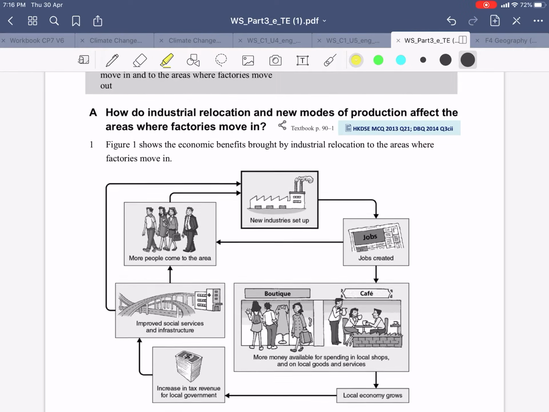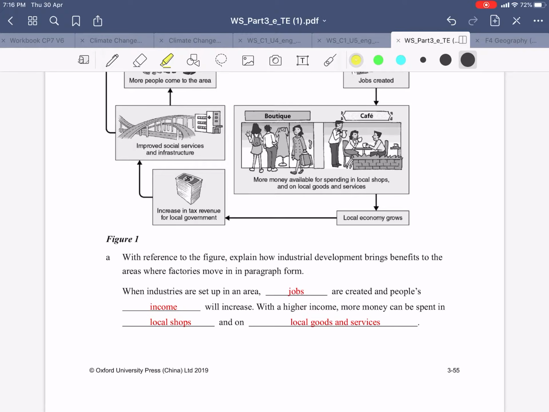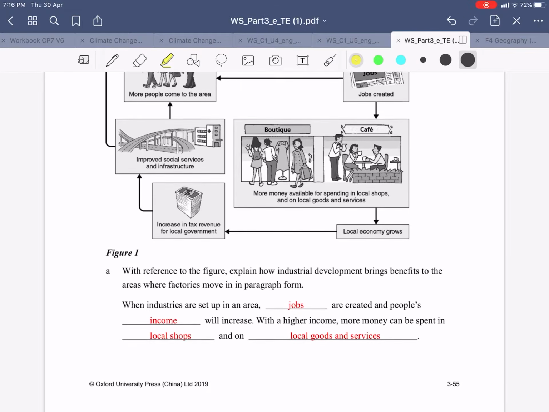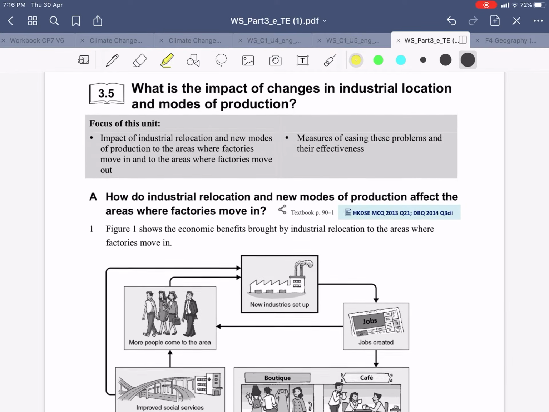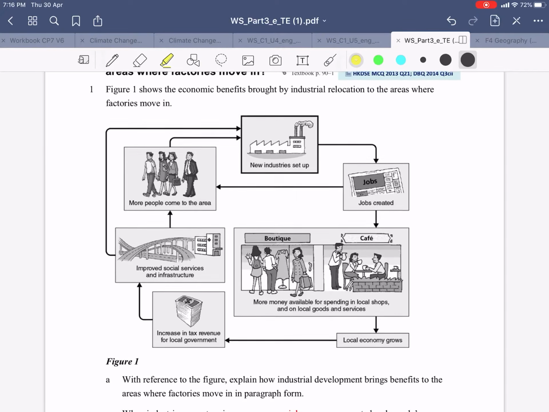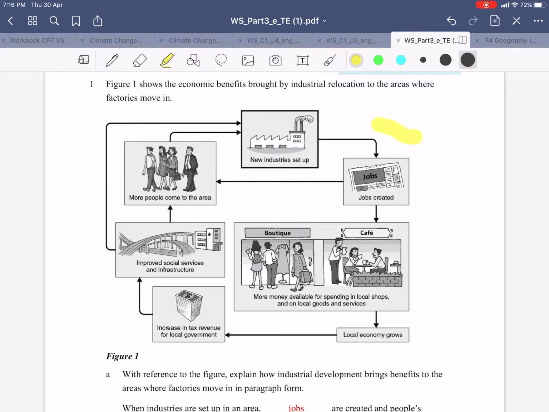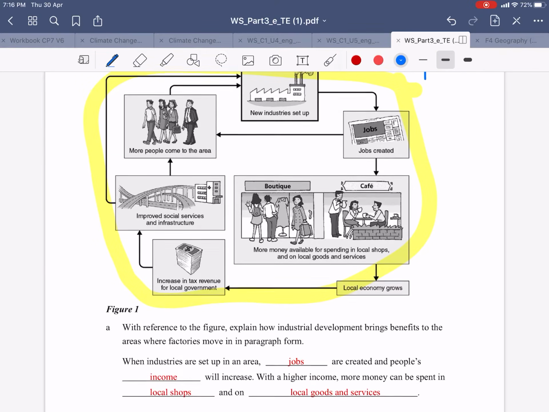Okay, so let's go to 3.5, which is also about globalization. Before we start the globalization, I would like to introduce this thing. This thing we will call the multiplier effect. What's the multiplier effect? I've talked about it before actually.